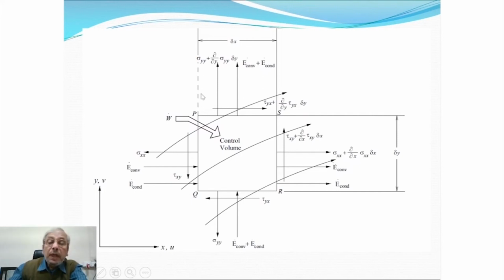So we have identified the surface forces, the normal components, the normal stresses, and the shear stress component of surface forces.